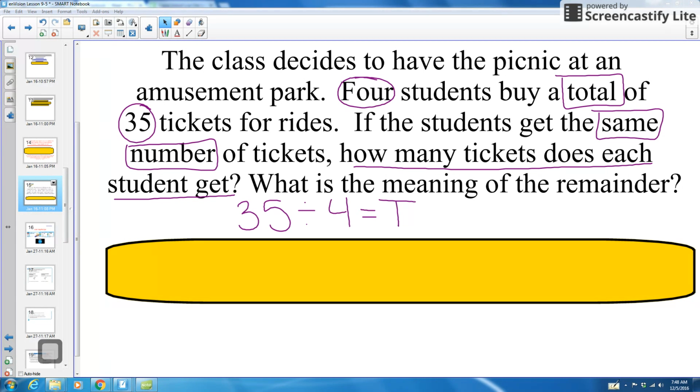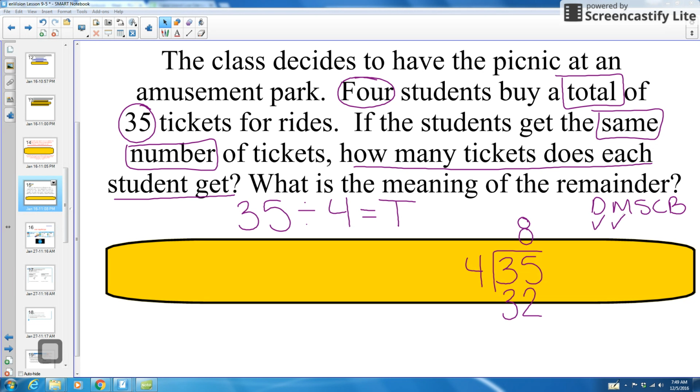So if I do my long division like we've done and apply our Does McDonald's Sell Cheeseburgers, I'm going to write that right over here. I say to myself, 4 can go into 35 8 times because 8 times 4 is 32.